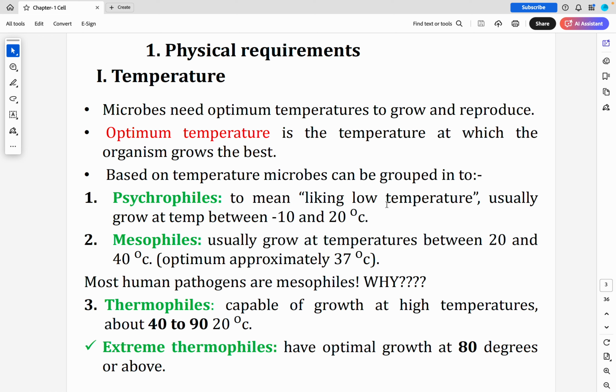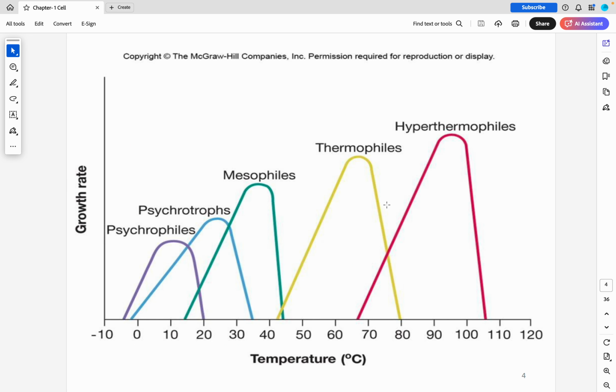Okay, so if we look further at temperature, we have this cardinal temperature curve, which is just the representation of the spectrum of temperature points that the different groups of microbes prefer. So there's a peak as represented here, the peak, which is the optimal temperature.